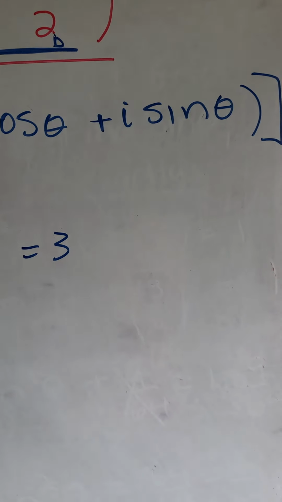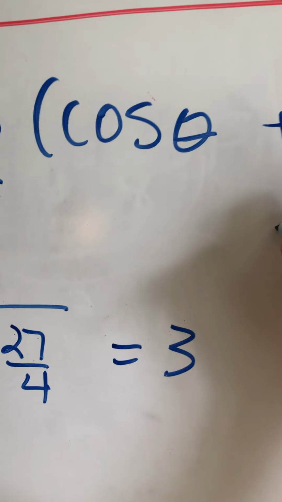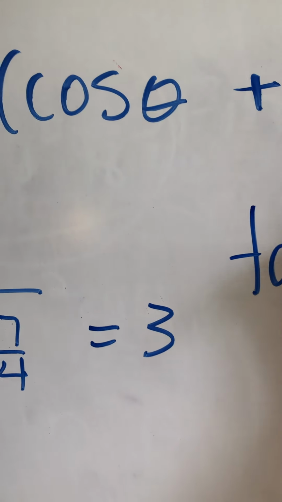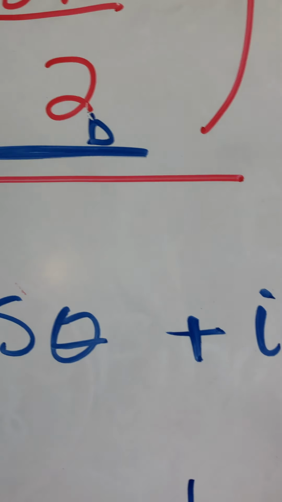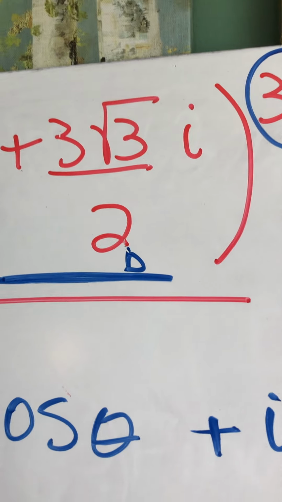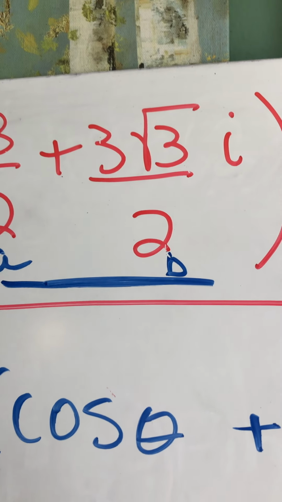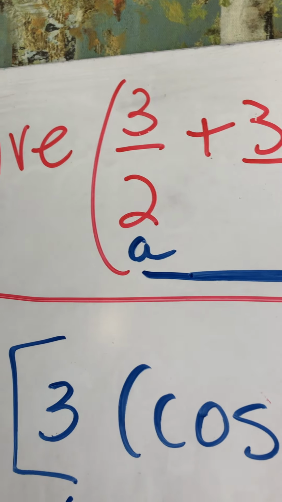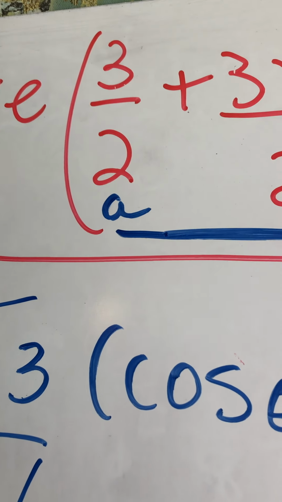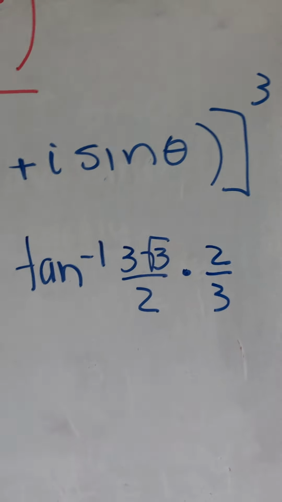All right, let's go ahead and find our theta. That would be inverse tangent of B over A. So that would be 3 square roots of 3 over 2, divided by A, divided by 3/2. If it's okay with you, I'm gonna multiply by the reciprocal.